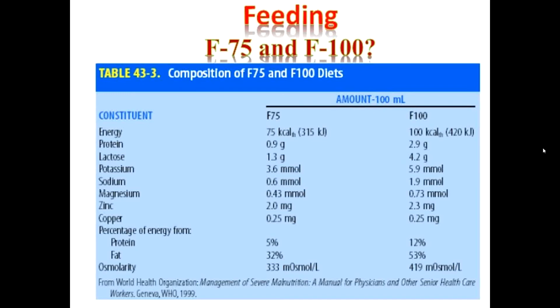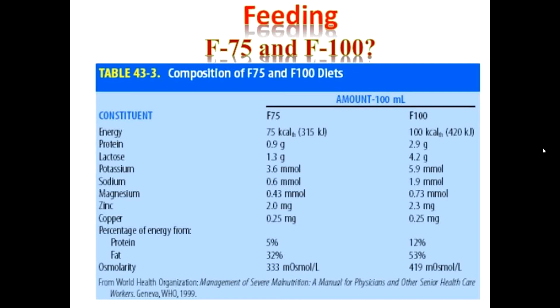This shows you the composition of the two formulas, F75 and F100, in these children. The main difference lies in the caloric content, 75 and 100, and protein content, that is 0.9 and 2.9 grams.